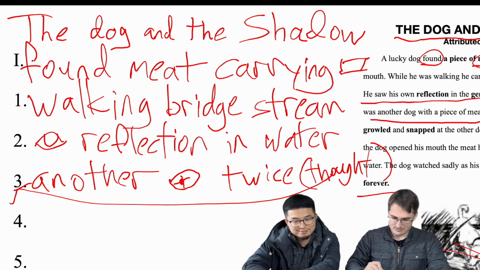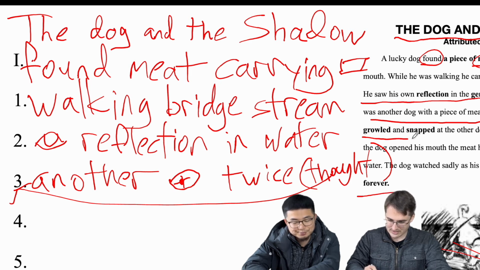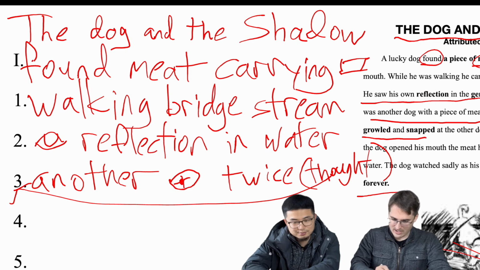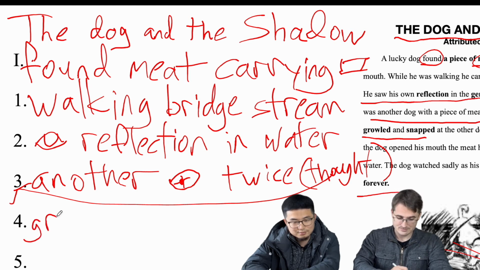All right, good. Just 2 more sentences and we're done. Jessica, please do the next one. The dog growled and snapped at the other dog to get the larger piece. Growled, snapped.